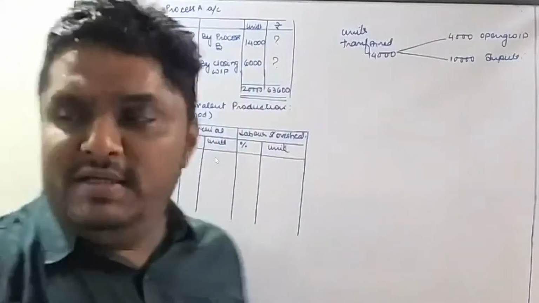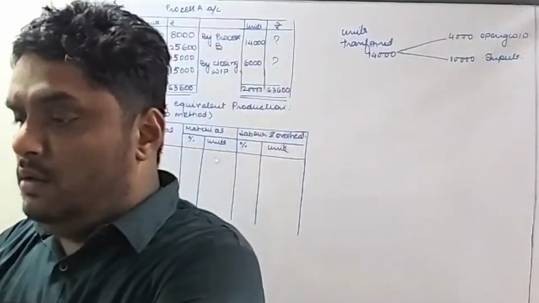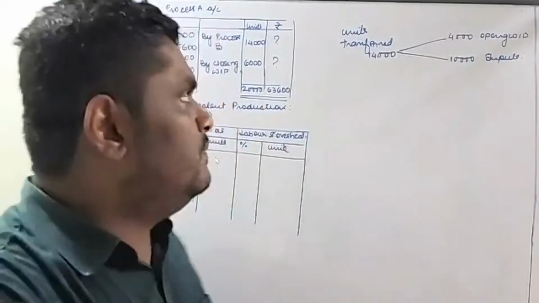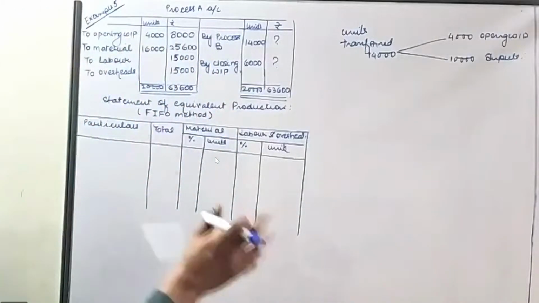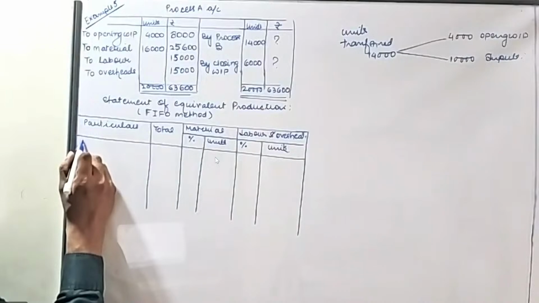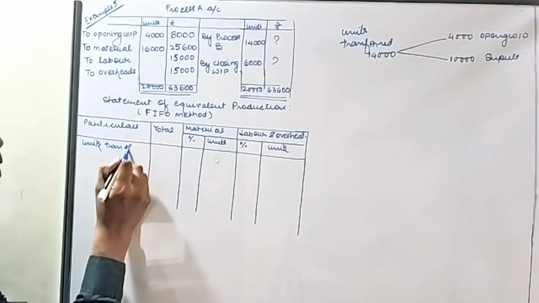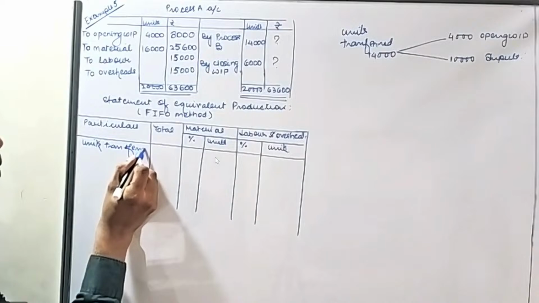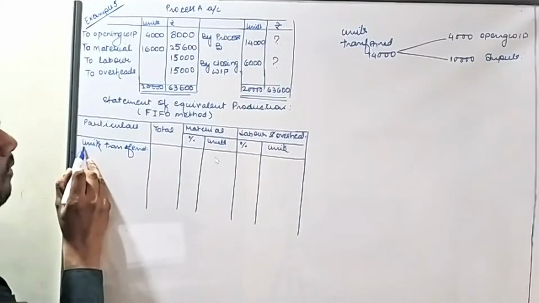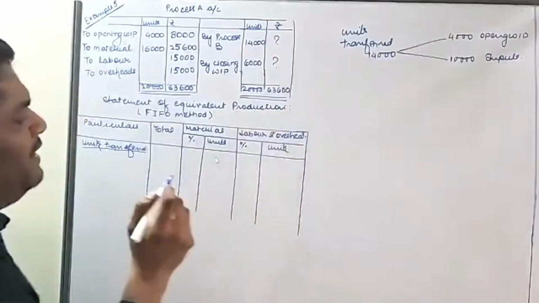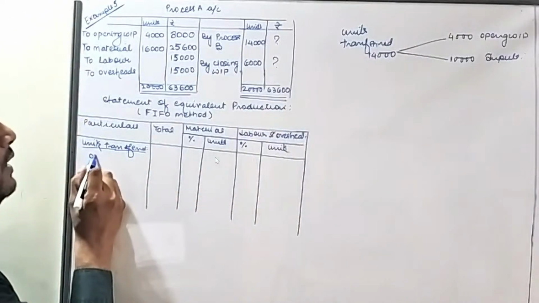I hope this part is clear to all. So, when talking about units transferred, four thousand units will be from the opening work in progress.